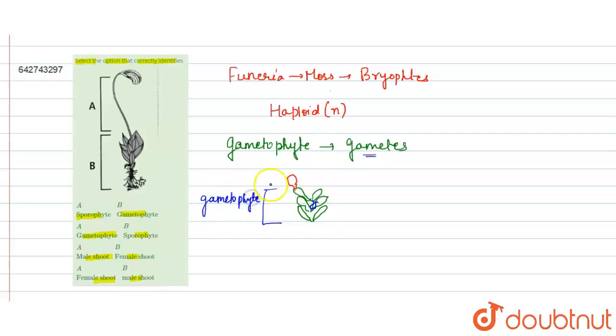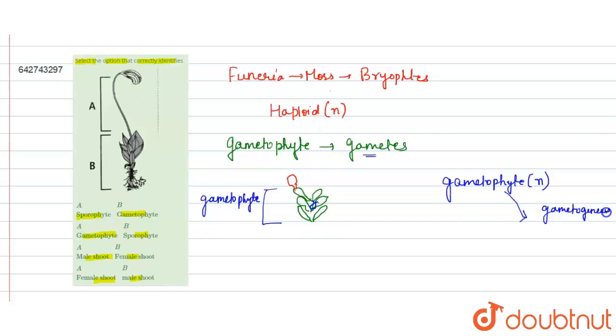So, what happens here is that the gametophyte, which is entirely haploid and is the main plant body, will undergo gametogenesis.